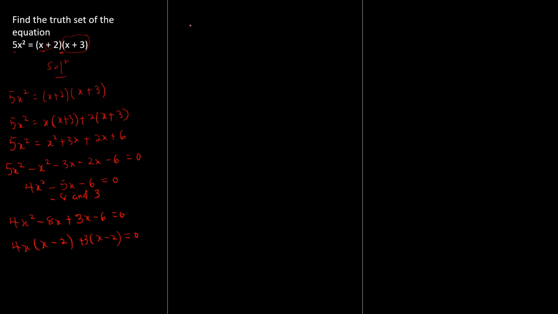Let me repeat this so that you won't get confused: 4x(x minus 2) plus 3(x minus 2) is equal to 0. As I'm factoring x minus 2 out, we have this as a common factor, and the factors left are 4x plus 3. And they are all equal to 0.